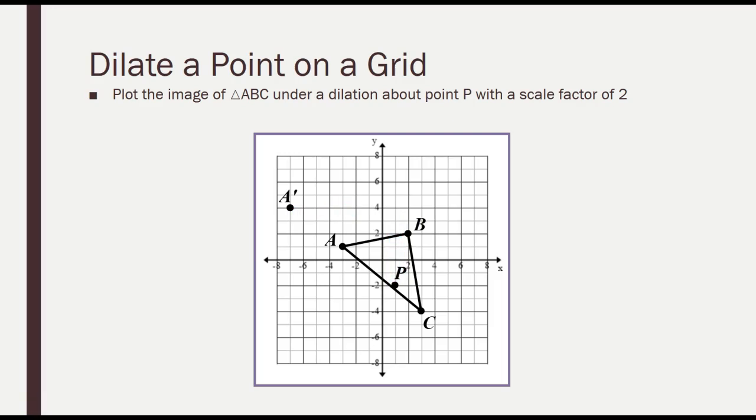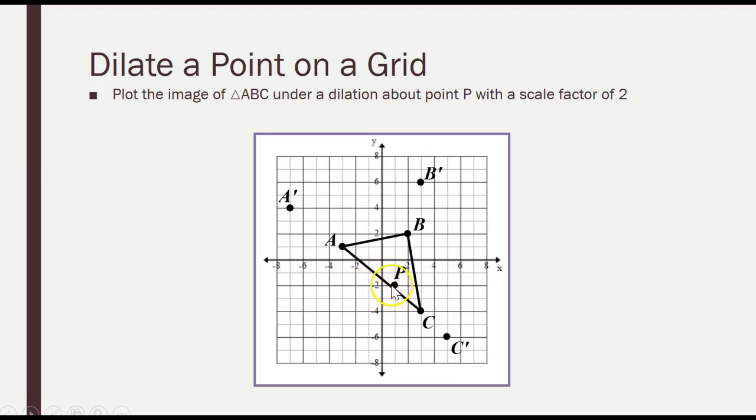Let's look at point B and B prime. B was over 1, up 4. So this time I want to go over 2, up 8 from the center of dilation.